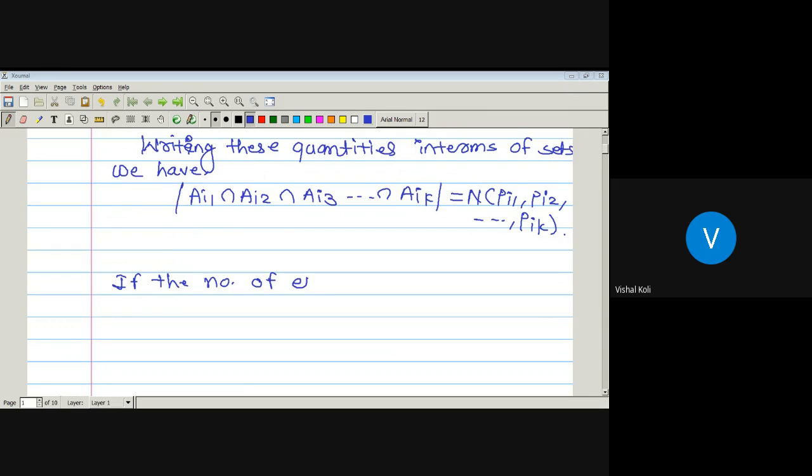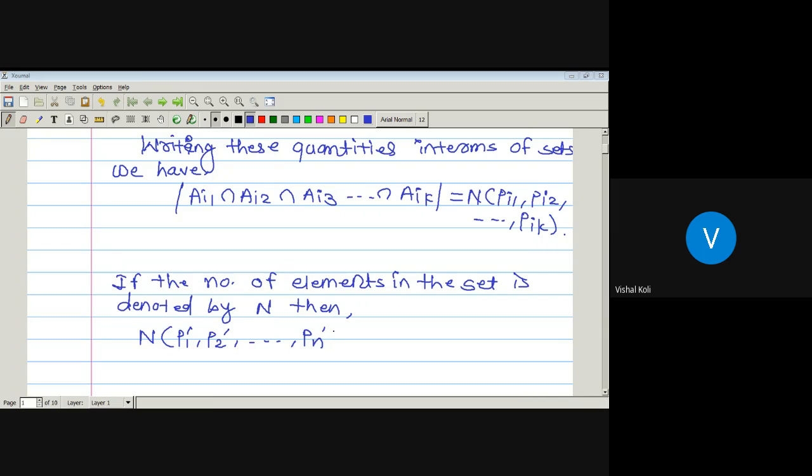Now, if the number of elements in the set is denoted by capital N, then what should be the number of elements with the properties P1 complement, P2 complement, up to Pn complement?